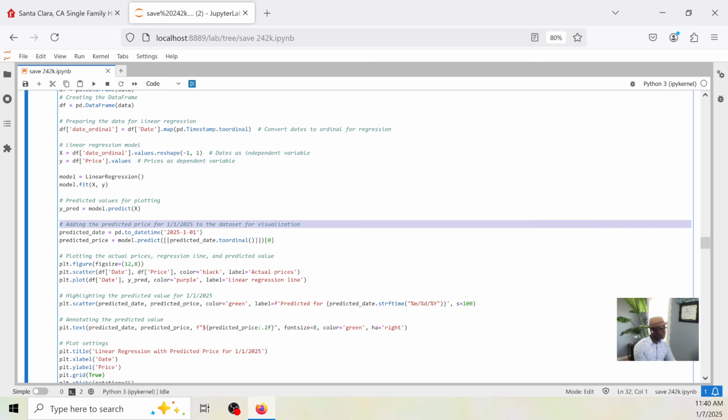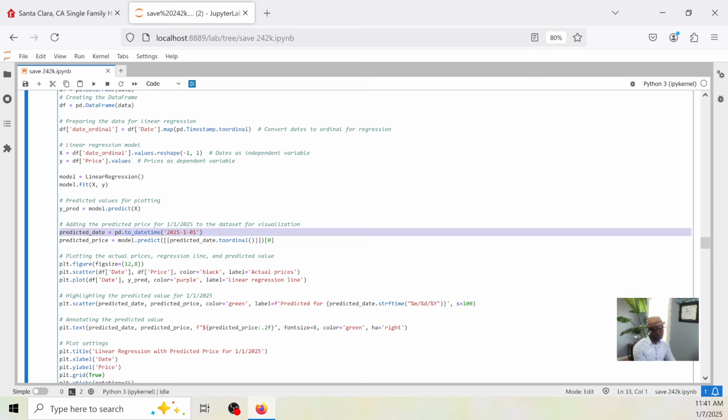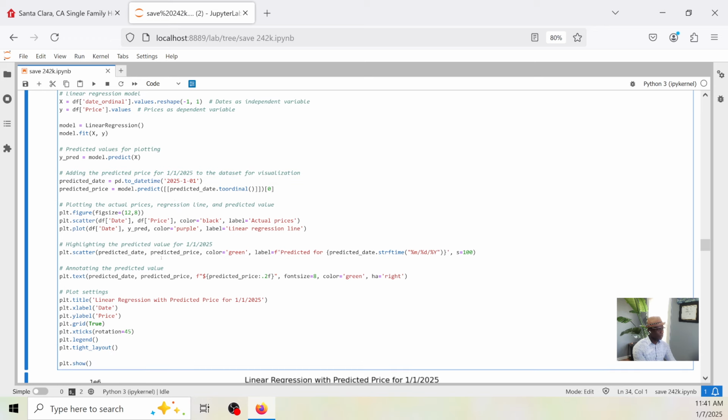The first example that you'll see will be for 1/1/2025. So this month, we're going to predict what the future price will be for Santa Clara, California for a single family home. And let's take a look at that value.